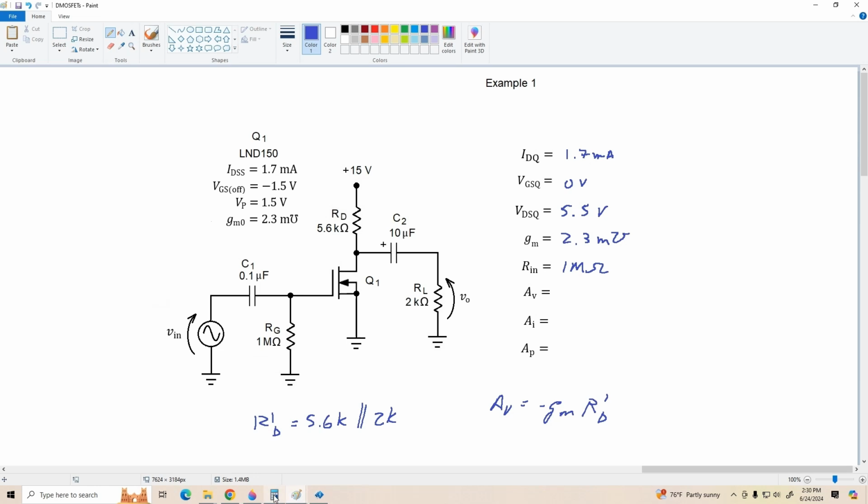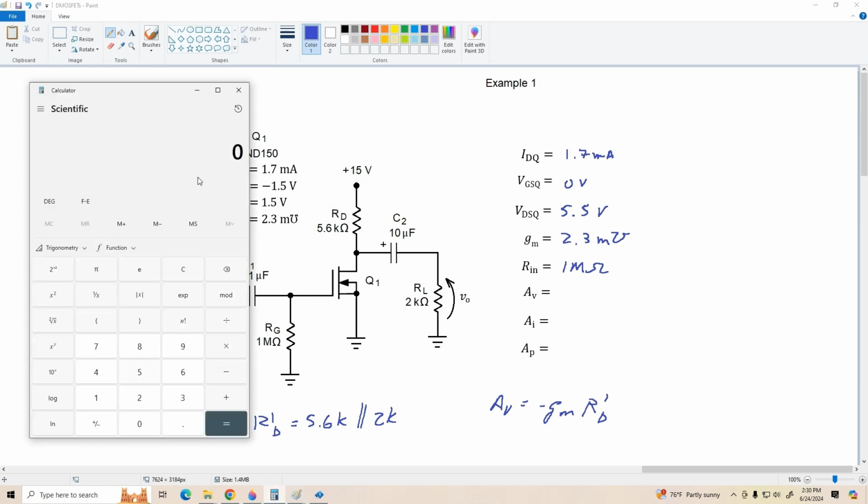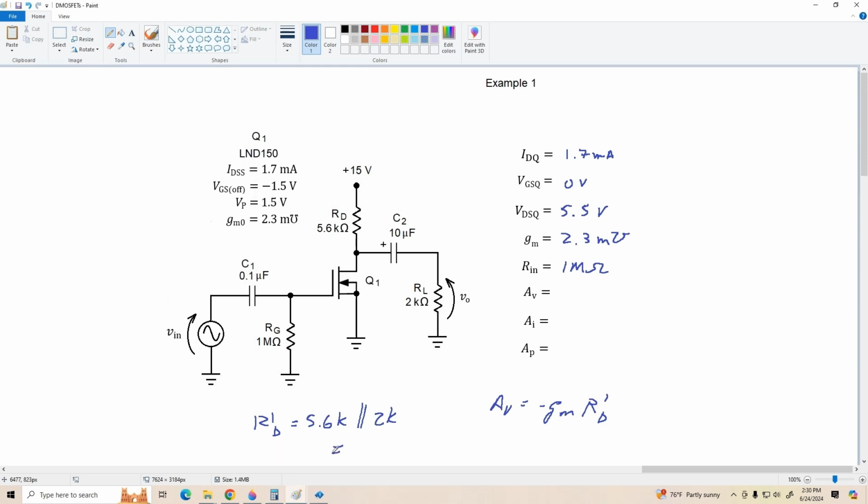Let's see what we get here. 5.6 times 2 over 5.6 plus 2 equals about 1.47. Let's call that 1.5 K ohms. All right, so this is about 1.5 K ohms. So our voltage gain then is 2.3 millimhos times 1.5 K ohms.